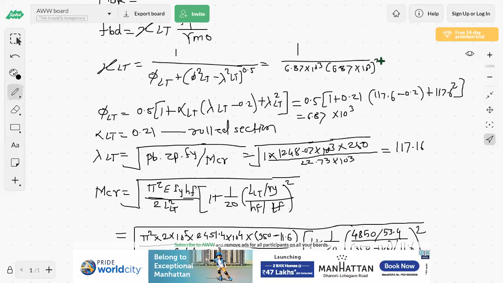10 raised to 3 bracket square minus lambda LT, 117.6 square, bracket complete, raised to 0.5.